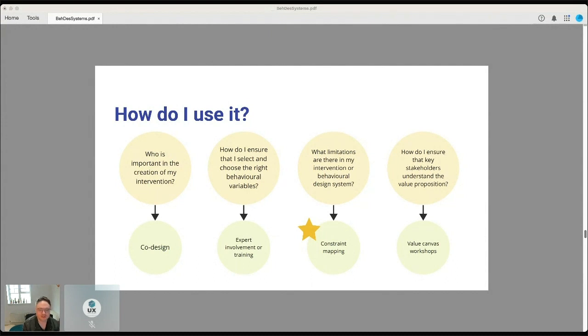You can do this through business and value canvas workshops. We've tried to layer behavioral stuff on top of this, but just be aware that not everyone sometimes cares or is bothered, which is fine, or understands exactly what you're trying to do. So half the battle with this stuff as well is how you communicate and collaborate with key stakeholders when you're leveraging the behavioral side of healthcare as well.